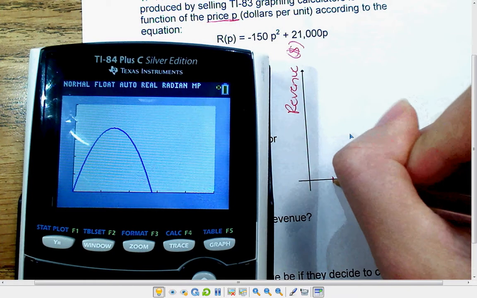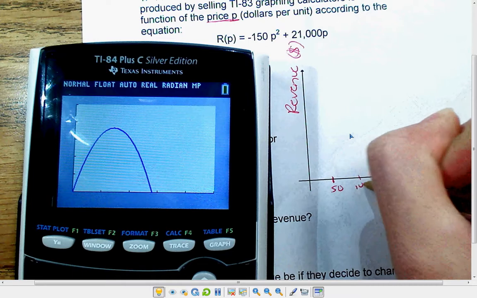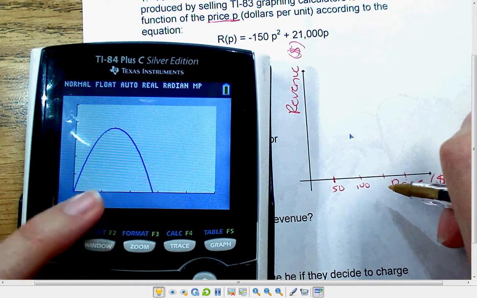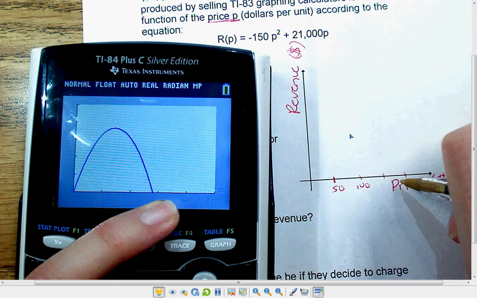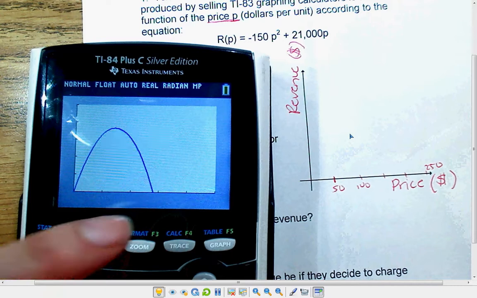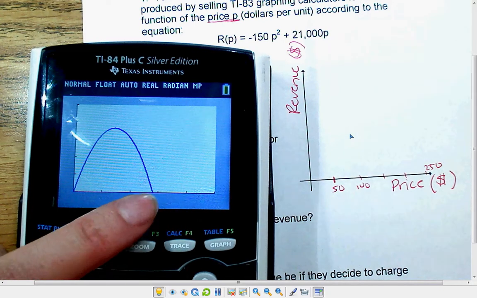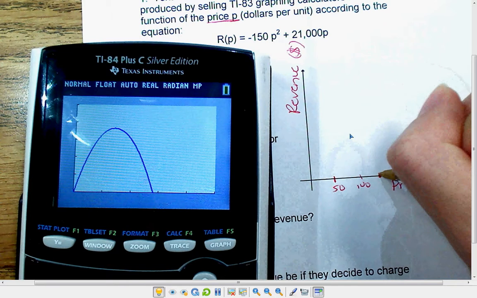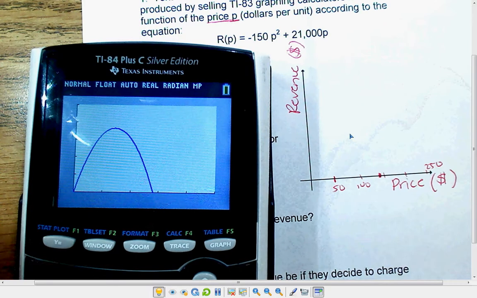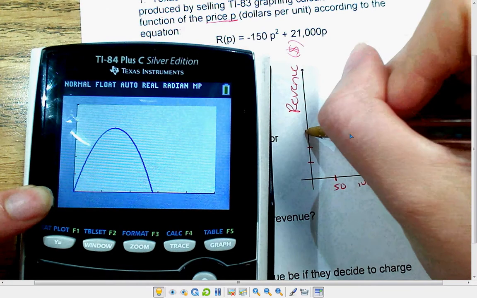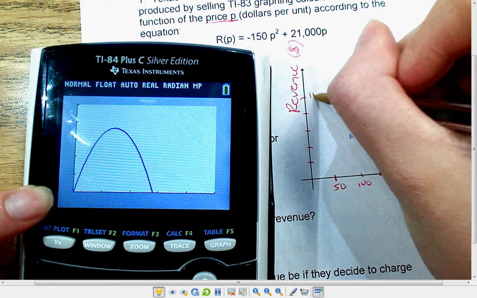So I know my x's are going up by 50, 50, 100, all the way up to 250. And so I know that it's going to end right here between 100 and 150. Whereas over here, this is going up by 200,000. 4, 6, 8, 10.